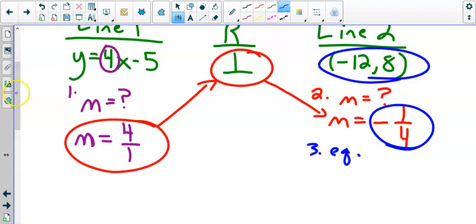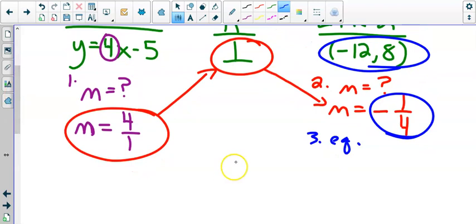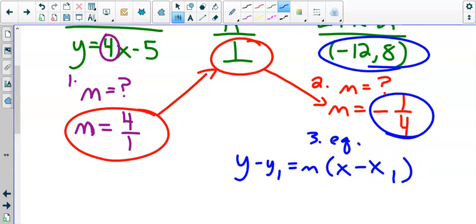Point-slope. All right. So, that means we need to plug into y minus y1 equals m parenthesis x minus x1. So, the negative 12, who is that? x1. The 8 is y1. So now you know where everything's going.